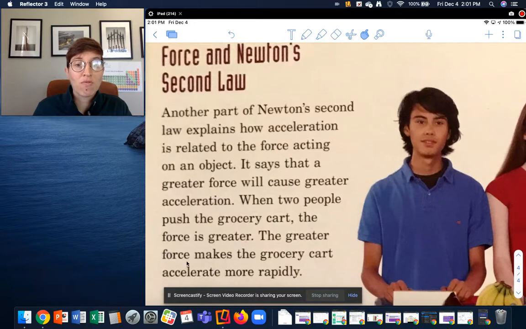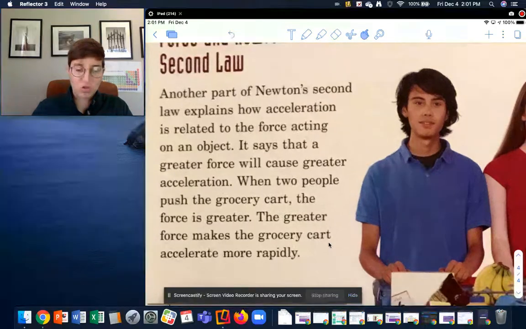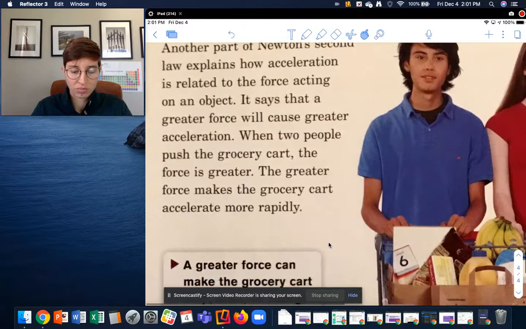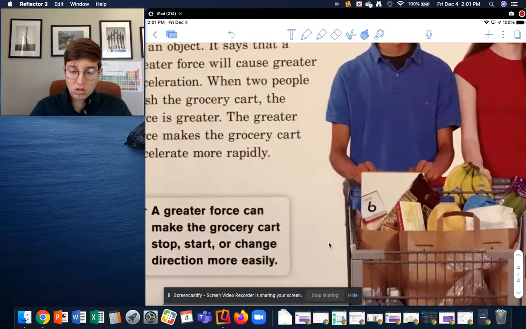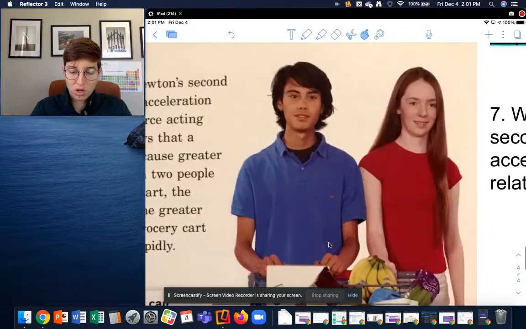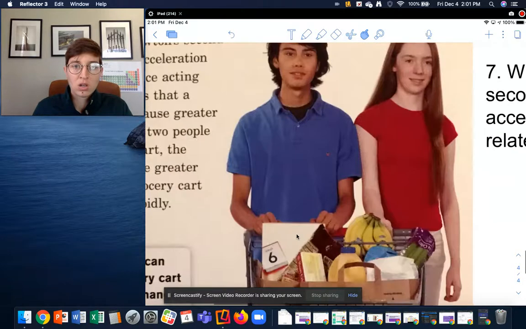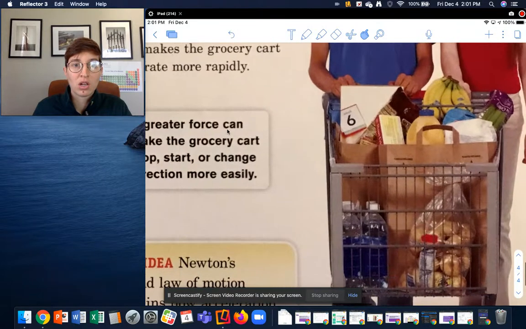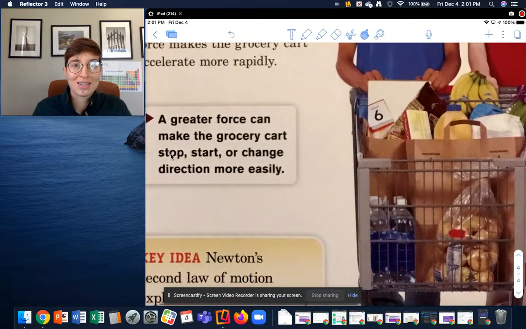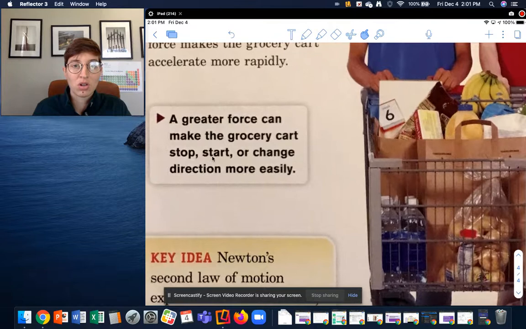The greater force makes the grocery cart accelerate more rapidly, which means more quickly. Okay, here we have 2 people pushing that full grocery cart. Okay, a greater force can make the grocery cart stop, start, or change direction more easily.